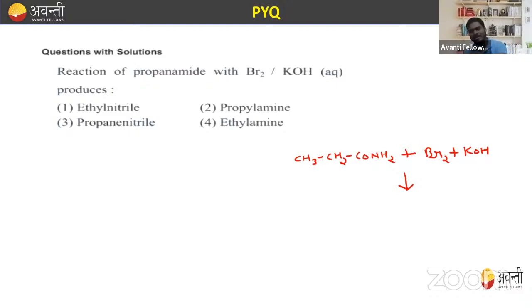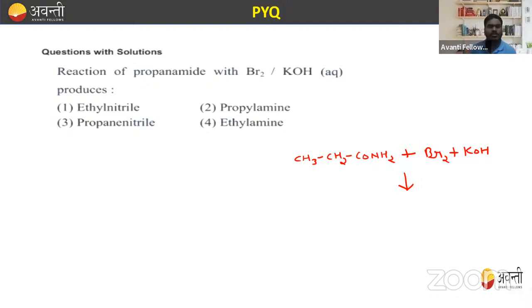We already discussed this question, Hofmann's bromamide degradation, in our previous class as well. When we were solving our test paper, we also discussed Hofmann's degradation method, right? So this is the Hofmann's degradation method, and we know that in Hofmann's degradation method, always one less carbon is formed. For example, in this propanamide we have taken, the formation of ethanamine will take place, right?